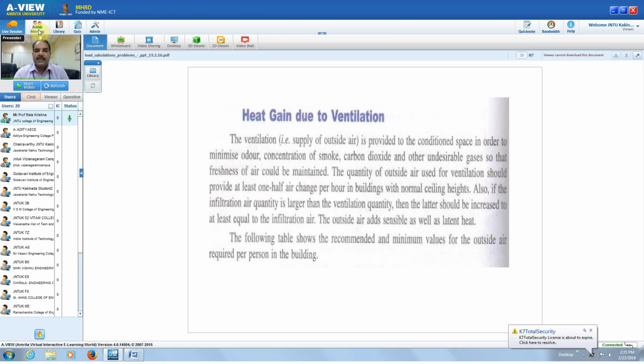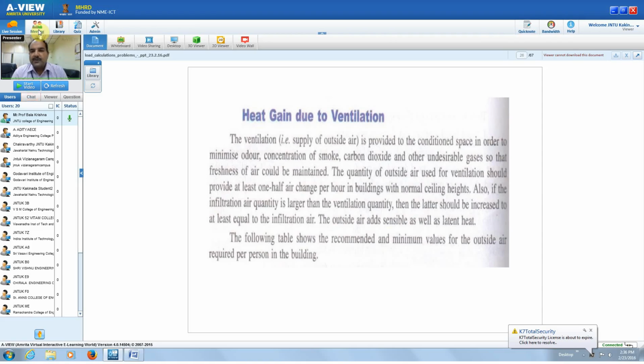Then the next one is the heat gain due to the ventilation. Already we have discussed the ventilation. The ventilation and supply of outside air is provided to the conditioned space in order to minimize odor, concentration of smoke, carbon dioxide and other undesirable gases so that freshness of air could be maintained.